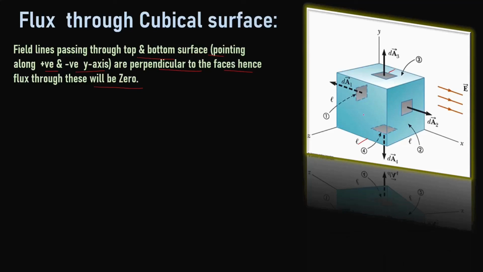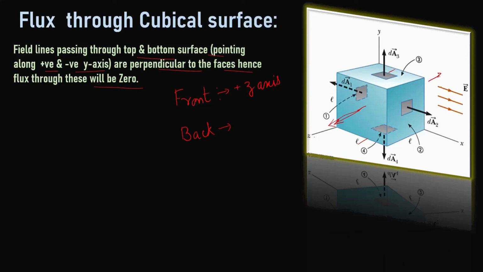Next, let us take another 2 faces: the front portion and the back portion. Let us see the area vector for the front portion. Its area vector will be pointing along the positive z-axis.